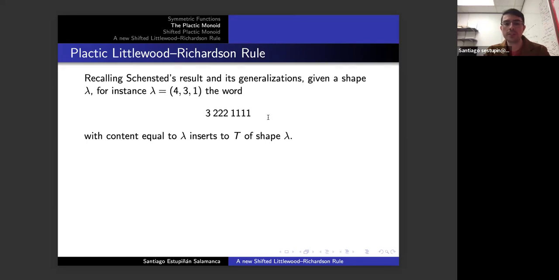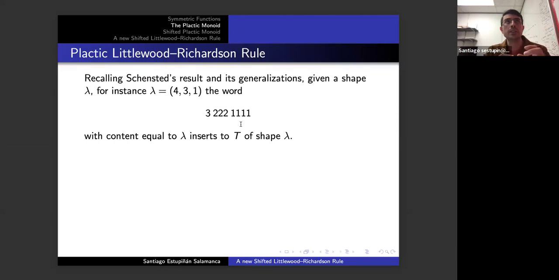This is Yamanouchi because as I read from right to left, at first I find more 1s than 2s, then more 2s than 3s, and so on. And the content of this Yamanouchi word is equal to a certain partition. Let's call it lambda.